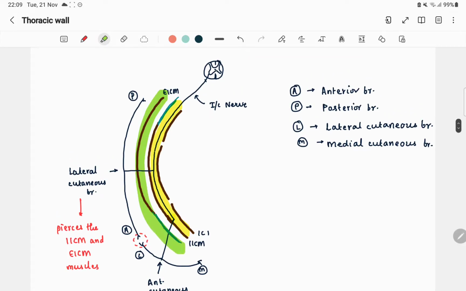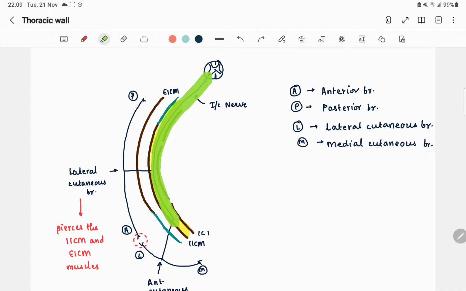This is your external intercostal muscle, and this is the external intercostal membrane. This is your internal intercostal membrane, and this is your internal intercostal muscle. This is your sternocostalis, intercostalis intimi, okay, and your transversus thoracis. Talking about these muscles, the typical intercostal nerve goes beneath your innermost intercostal and your internal intercostal muscles.